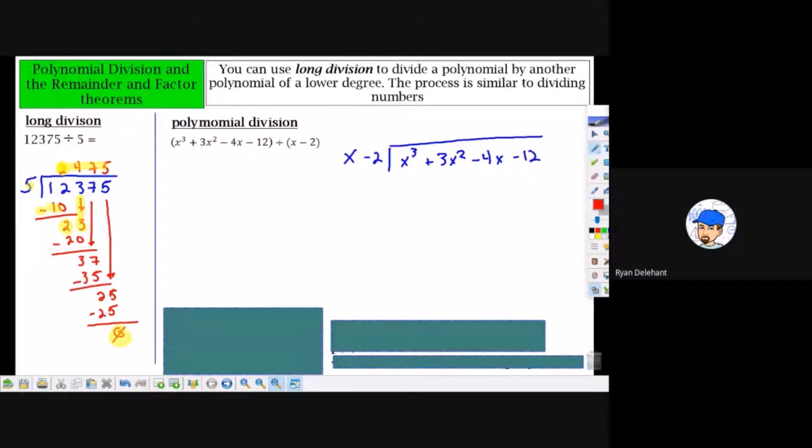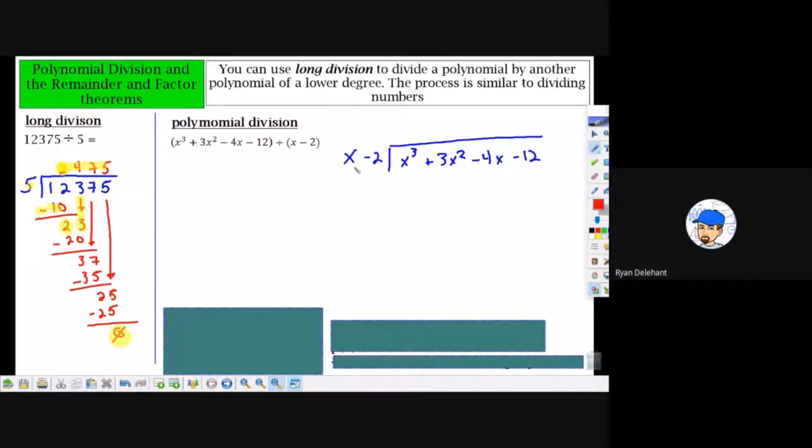The process actually works the same. I'm going to break this down into smaller pieces, like I'm going to start by subtracting this 10. I'm going to do the same thing here, match up the same number of terms so I can make this work. So how many terms does our divisor have?